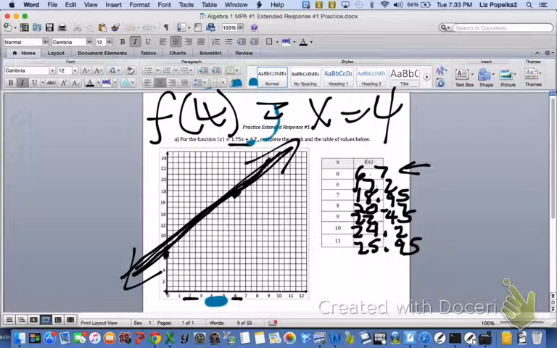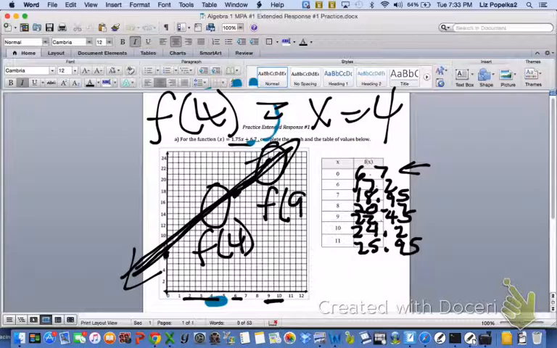So I'm going to look over here, down here at the 4. I'm going to go straight up. That is my f of 4. F of 9 is the other one you needed for your study guide. So I'm going to go over here to 9, go up. Right here is f of 9. So they've all been labeled.